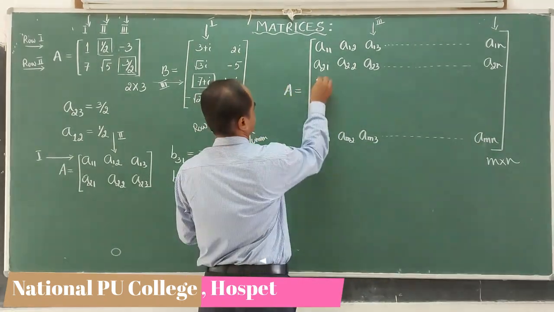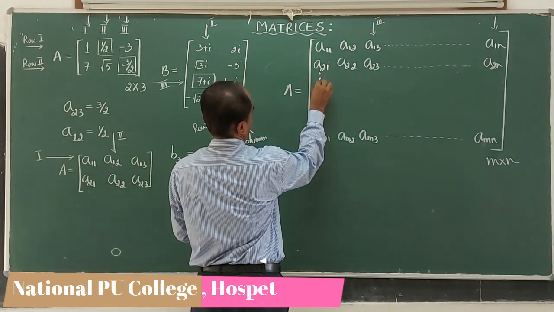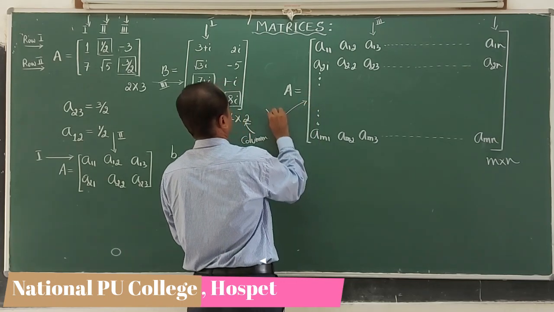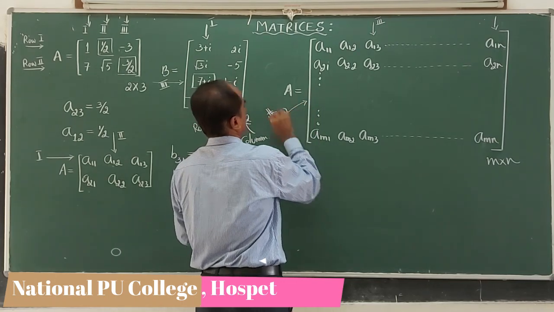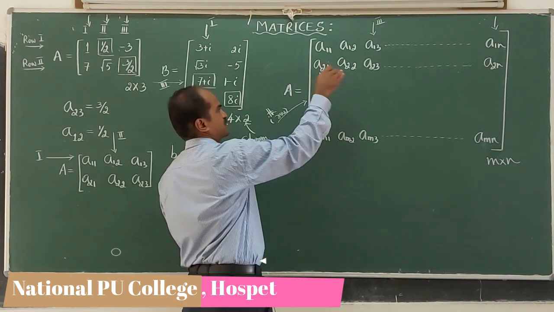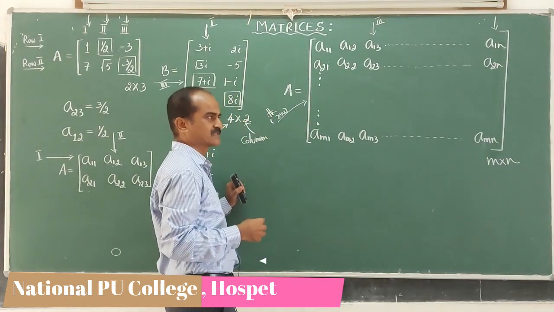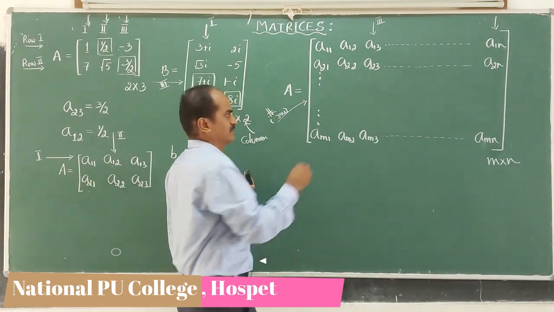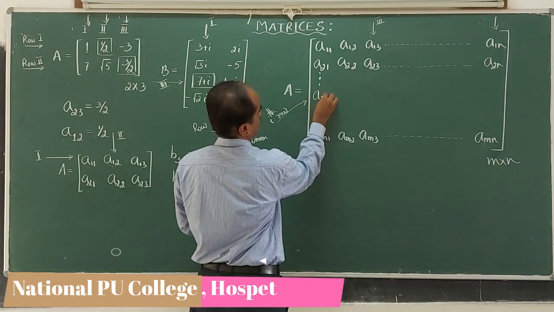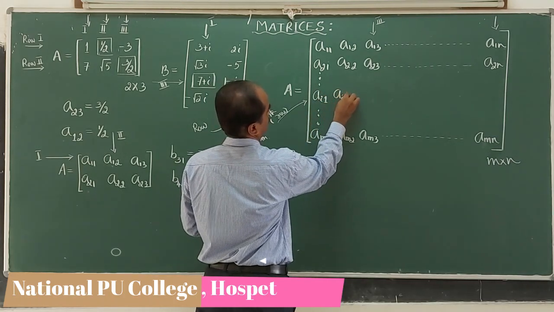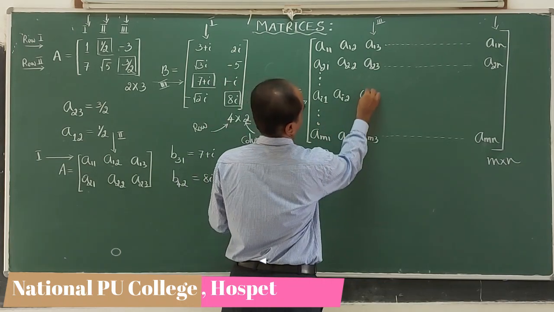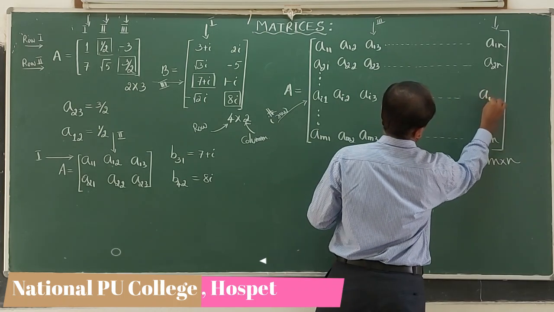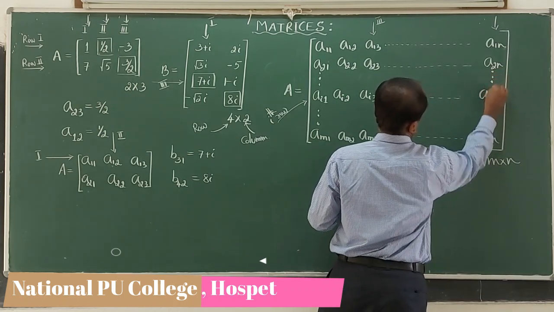In between, let me write ith row elements. Like first row, second row, third row, it is ith row elements now. All those elements in that row will have first suffix as i. So I write Ai1, Ai2, Ai3, etc. Last element is Ain.